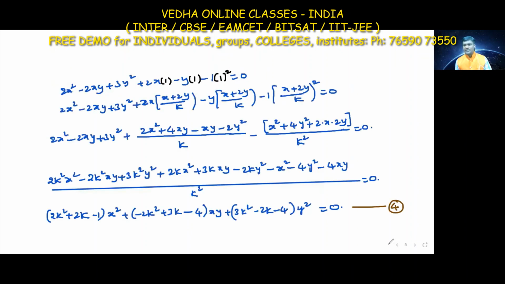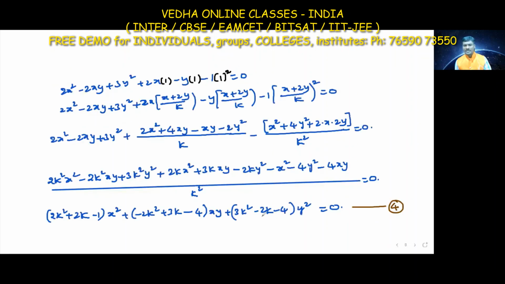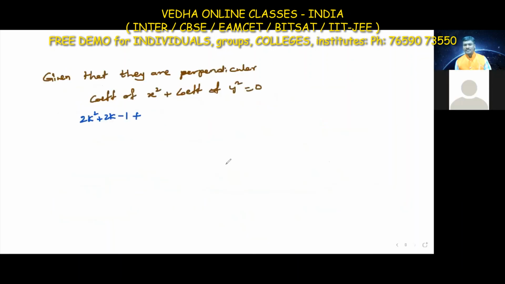That is 2k square plus 2k minus 1, plus the coefficient of y square, which is 3k square minus 2k minus 4, equal to 0. 2k square and 3k square make 5k square, the 2k terms cancel, and minus 1 minus 4 is minus 5, equal to 0. That means 5k square is equal to 5.